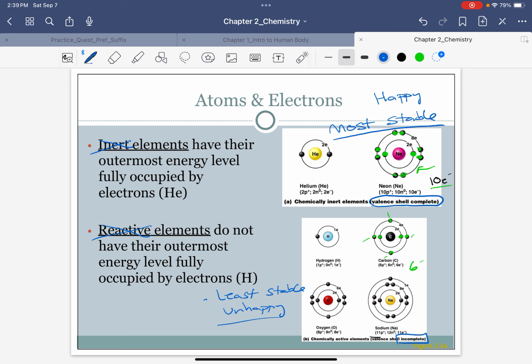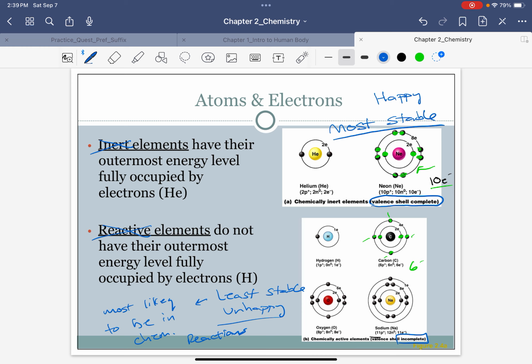And because of this, these are the atoms that are most likely to participate in chemical reactions. That's why we care about this. This is going to dictate how these atoms act.